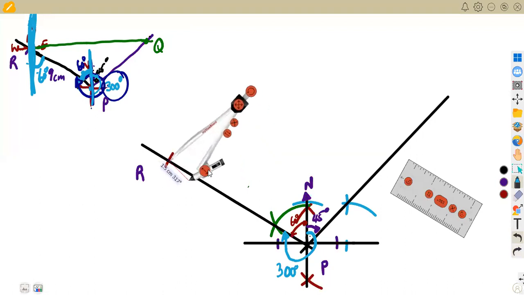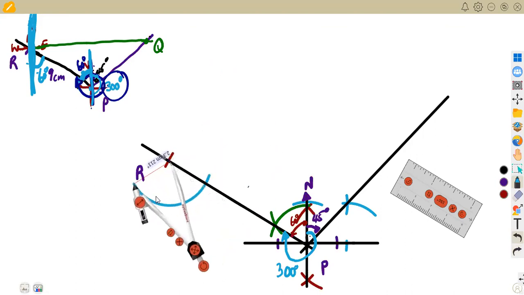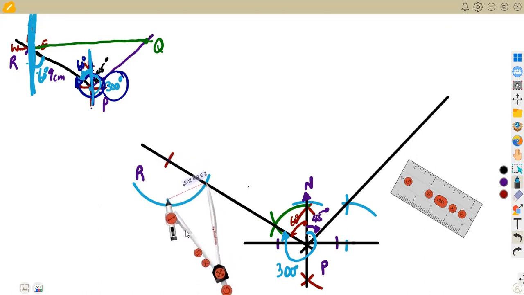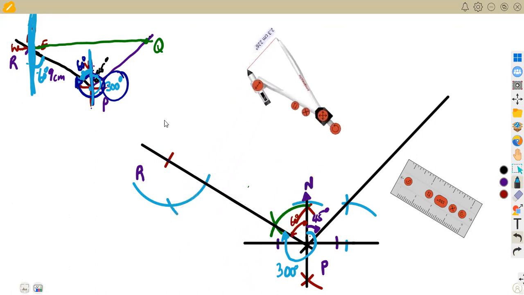We are going to need an arc from this point. Just mark an arc like this, with this point on the line, without changing the distance on our compass. So this angle that we are going to have here is going to be 60 degrees.